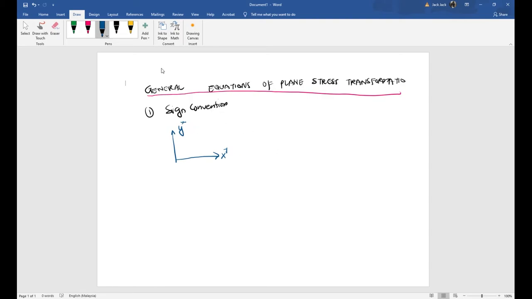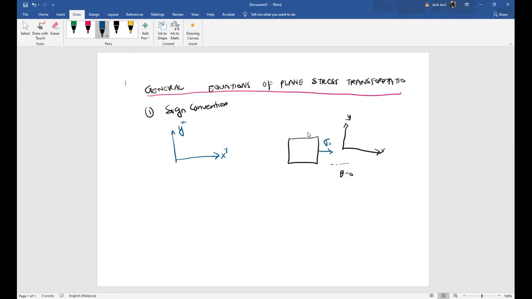Let's say we are referring to an element. So let's draw our element first. This is your element, and we know that the initial state of this element is theta equal to 0. Then we draw our axes. This is your x-axis and y-axis. For all sigma x in the direction of the positive x-axis, the value of sigma x will be positive.